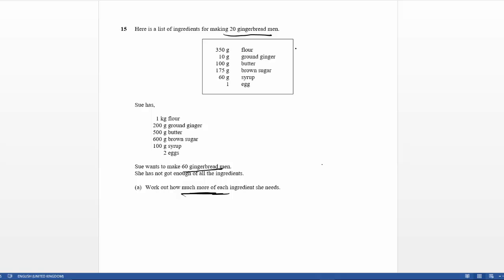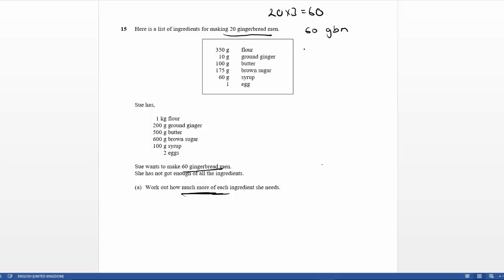So I'm just going to times each one of these by 3, because I know that 20 times 3 equals 60. Down here I'm just going to write 60 GBM, gingerbread men.